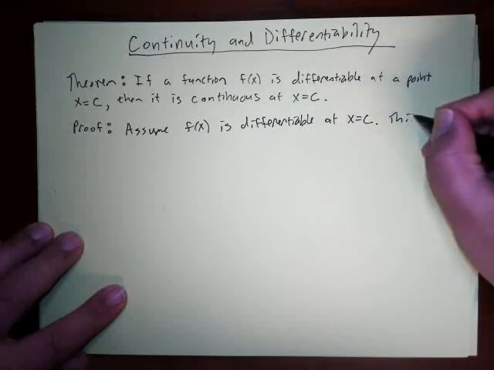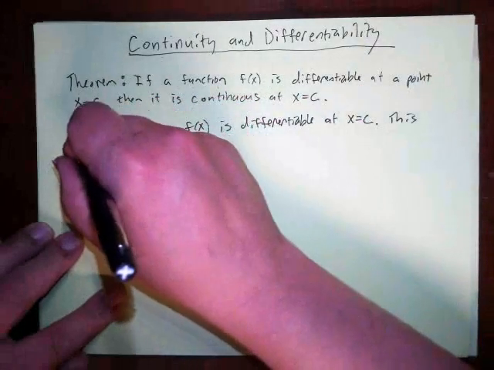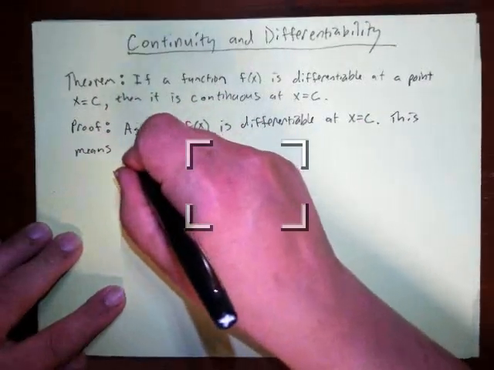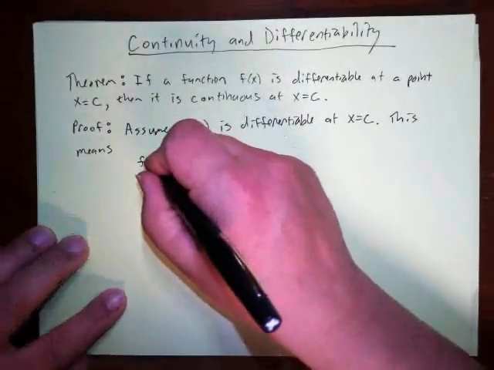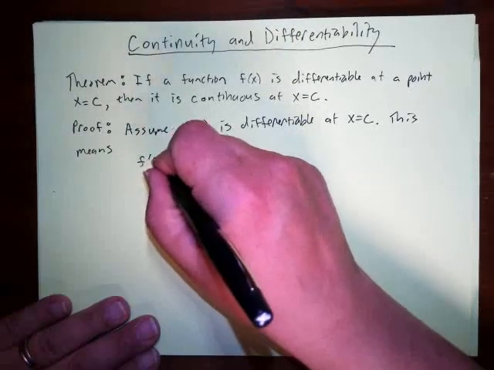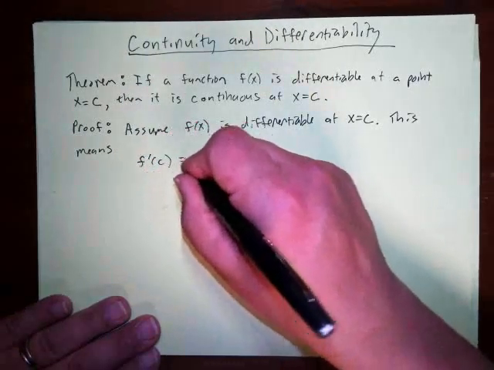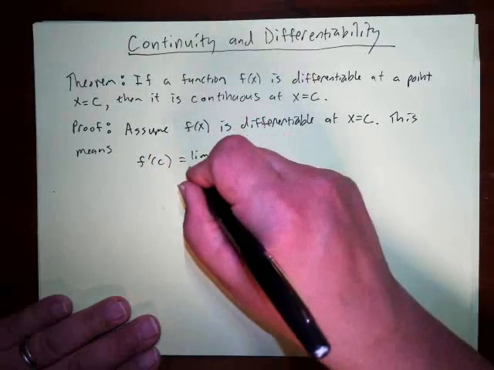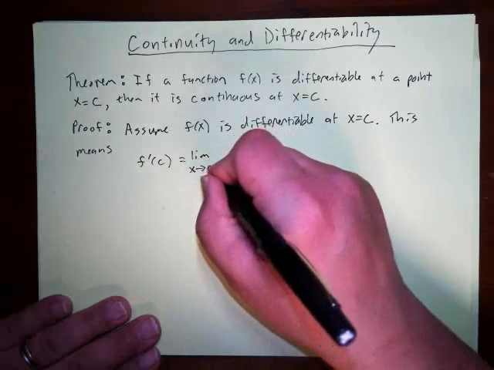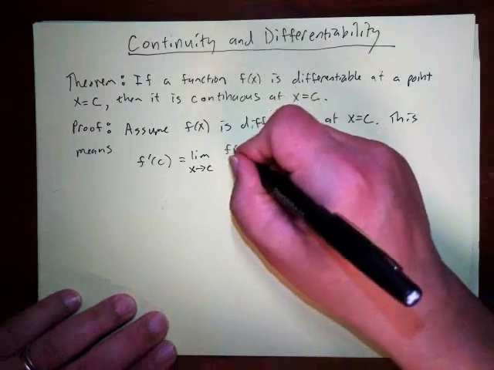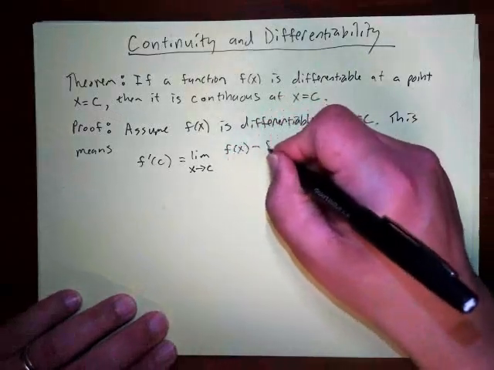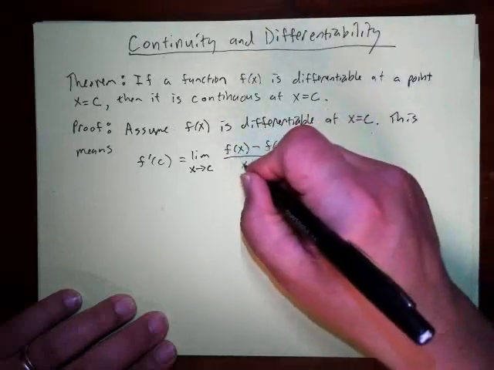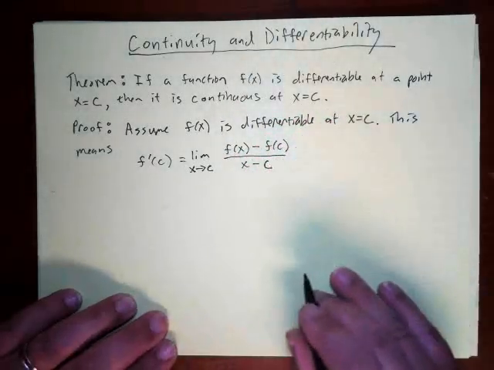This means that f prime at c is equal to the limit as x approaches c of f of x minus f of c divided by x minus c.